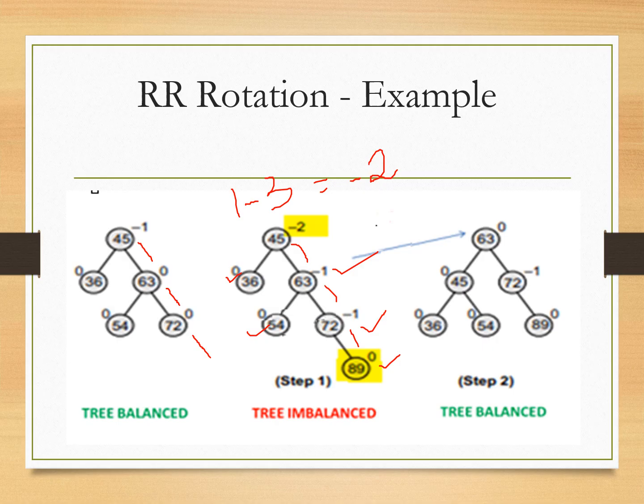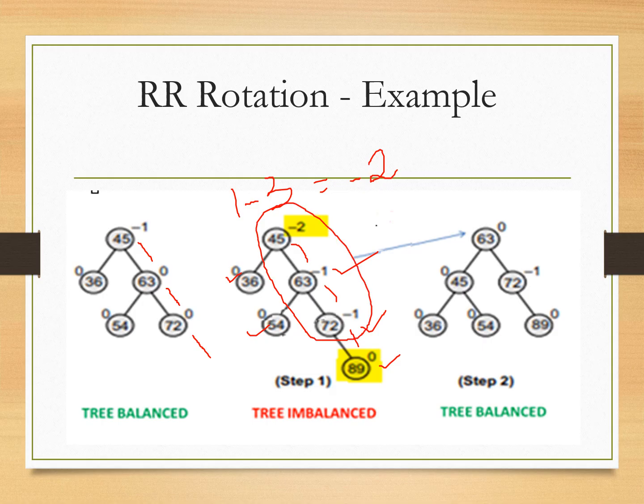So we have to carefully choose the 3 nodes. After inserting this, the tree has become imbalanced. So which 3 nodes have to be selected? Whether it is 89, 72, 63 or 72, 63, 45. Where it is imbalanced, this minus 2 is the place. So we will leave this 89 and choose these 3 nodes to be rotated.